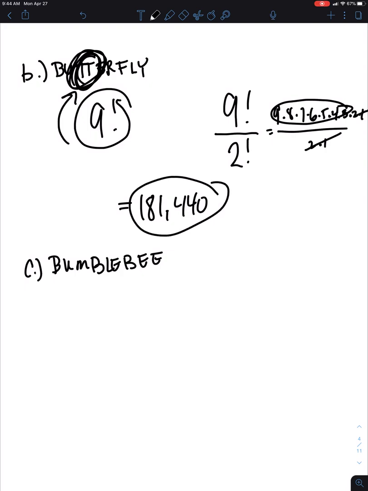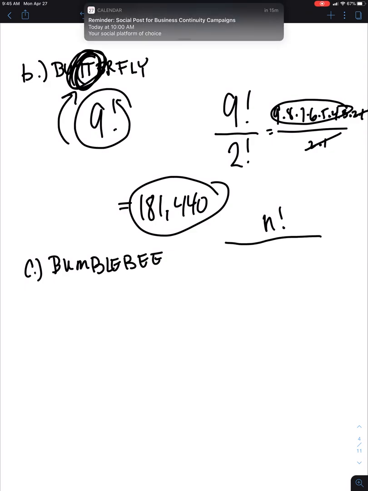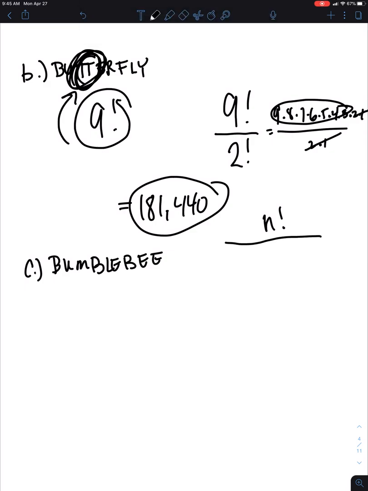Okay, now, the formula says you should have n factorial, so the number of letters, and then the number of letters for each, like the number for each letter. So I'm going to kind of show you, you'll get the point. Okay, so like B, how many B's are there? There's 1, so 1 factorial.